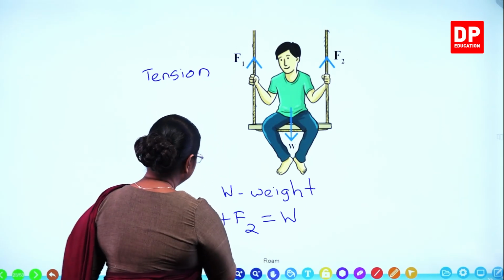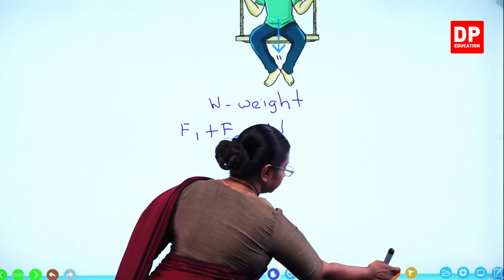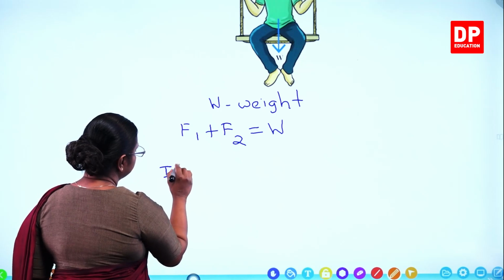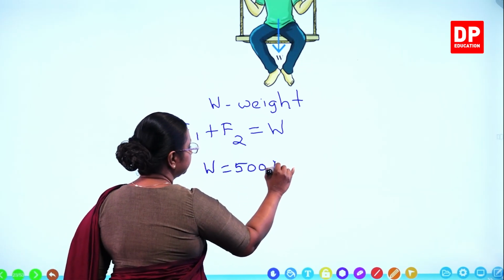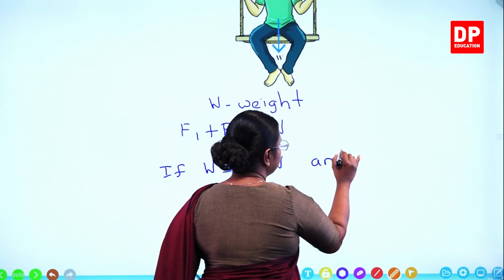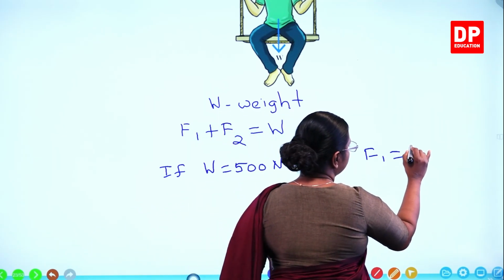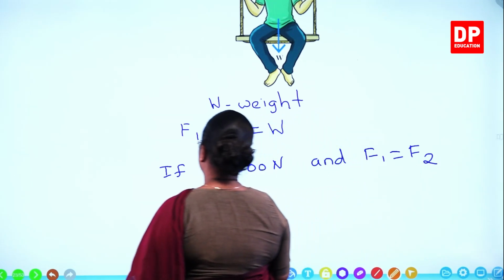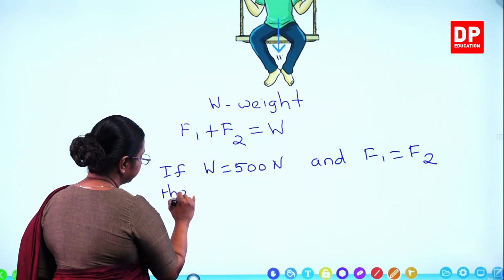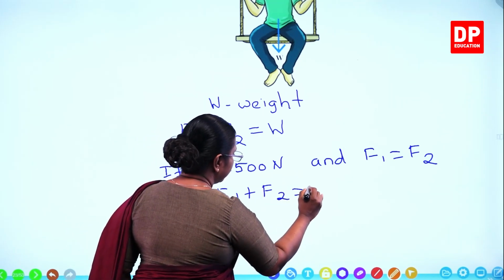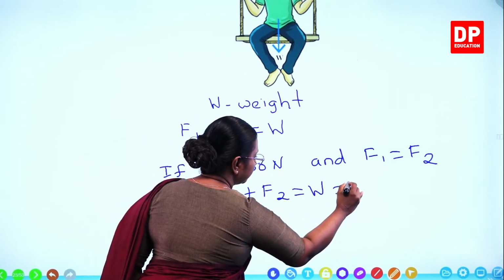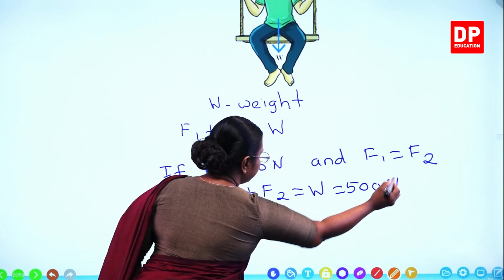For example, if W is equal to 500 Newton and F1 equals F2, then F1 plus F2 equals W, that is equal to 500 Newton.